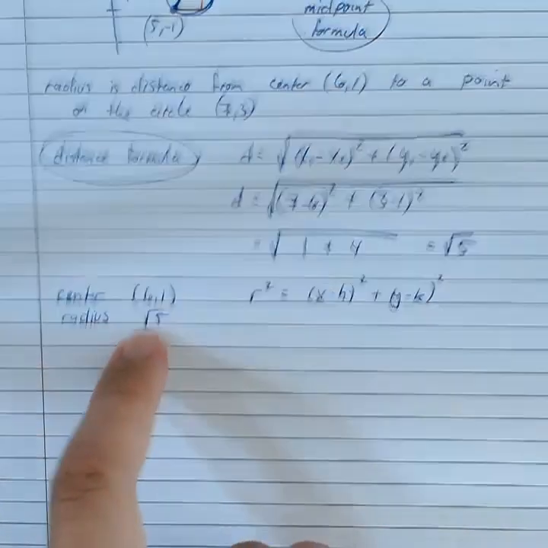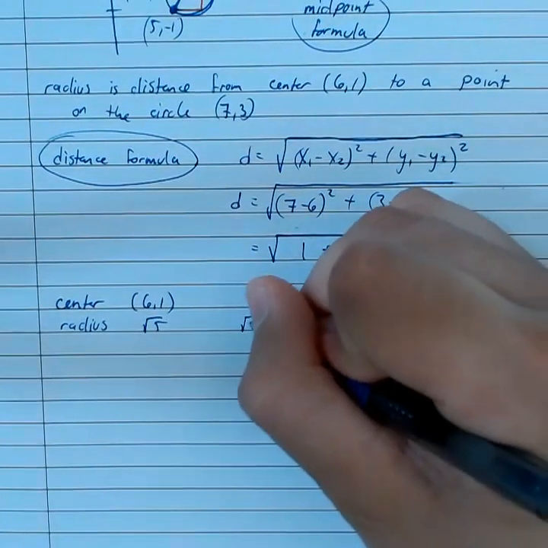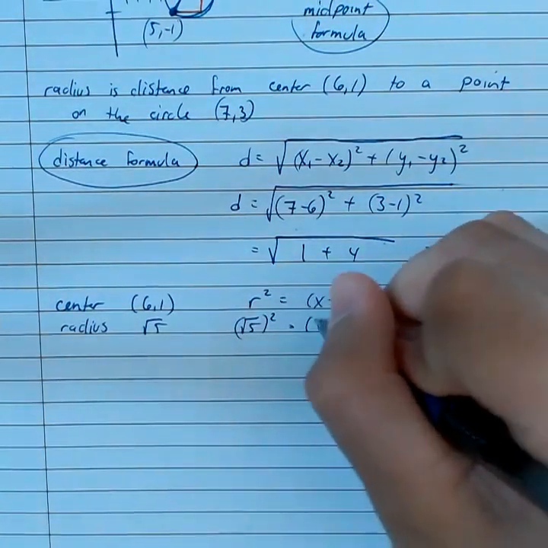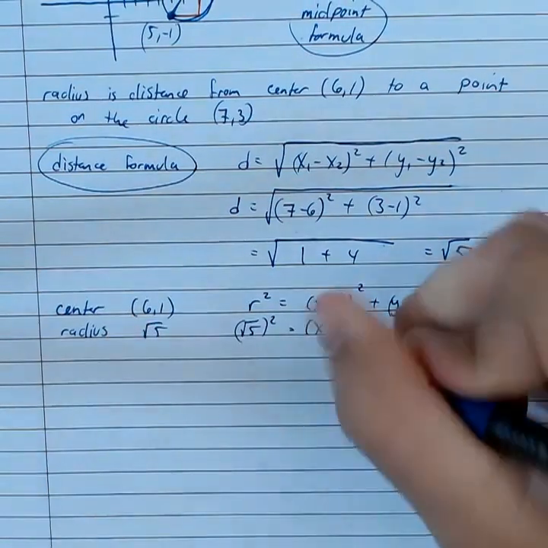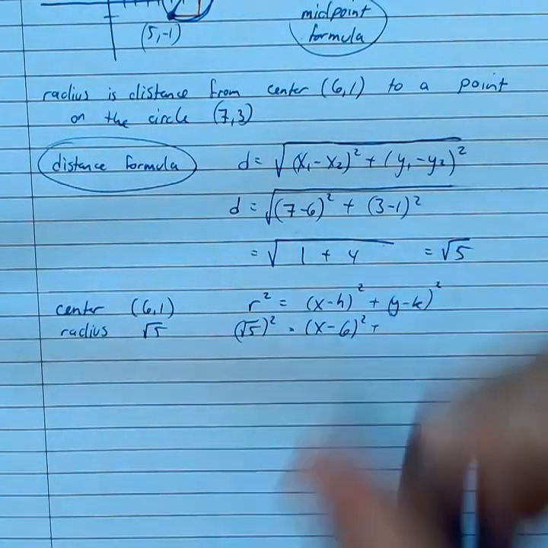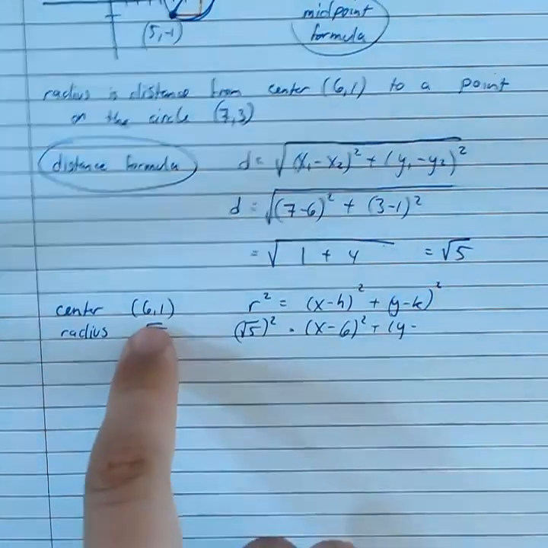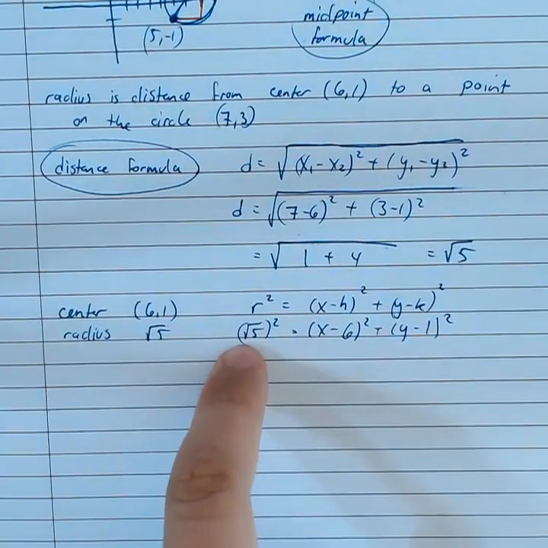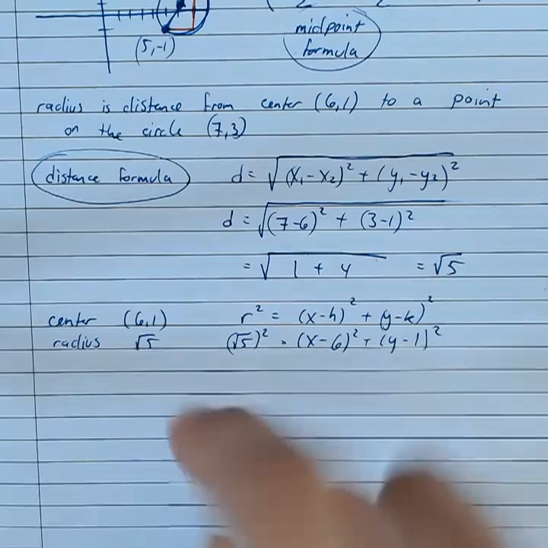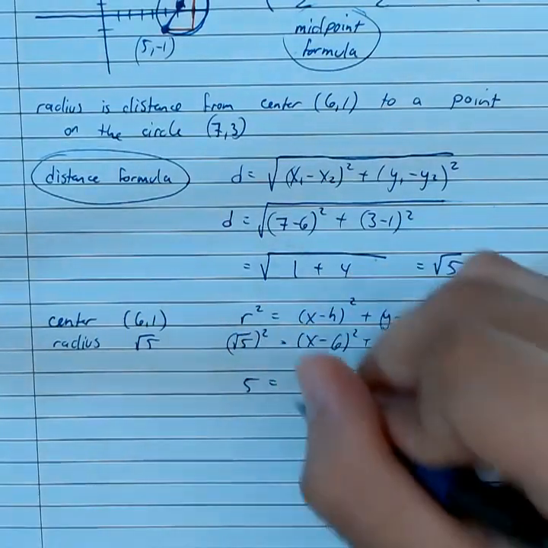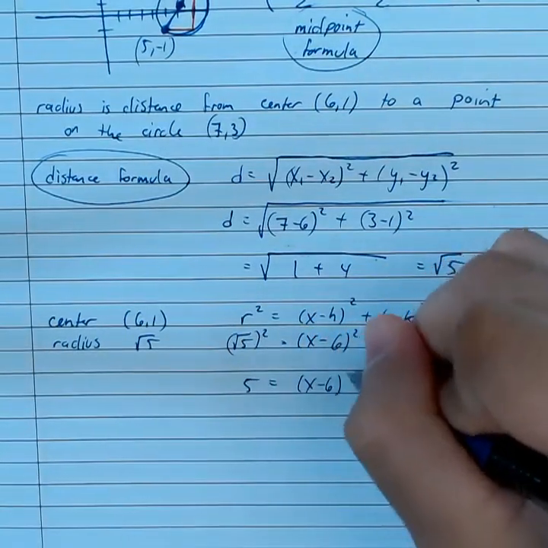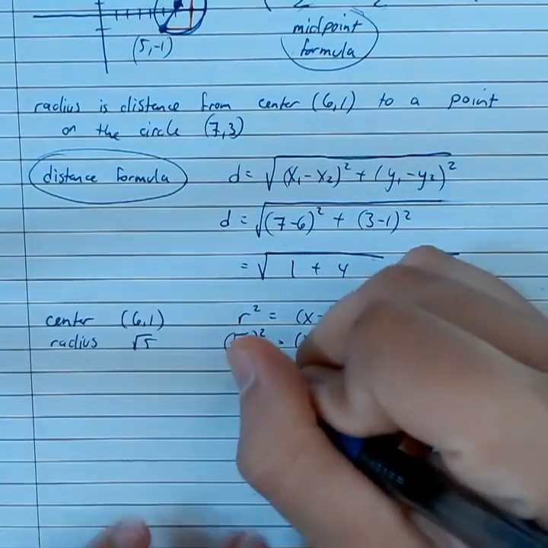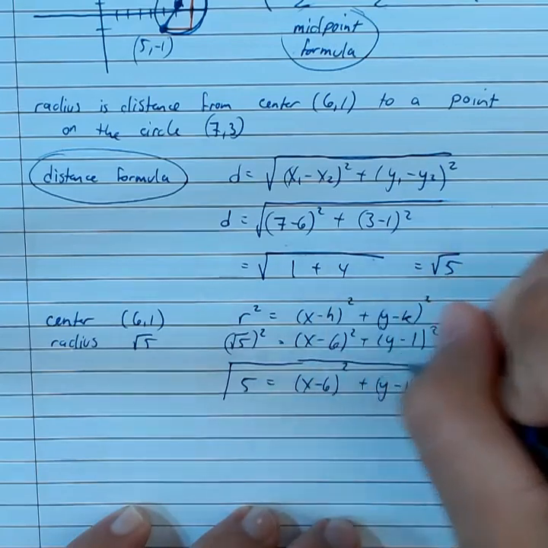We know r is the square root of 5. So that's going to be the square root of 5 squared equals x minus, our h is the number 6, squared plus y minus k, which is the number 1, squared. Here, square root of 5 squared, well, that's just the number 5. So here we get 5 equals x minus 6 squared plus y minus 1 squared. And that's the equation of our circle.